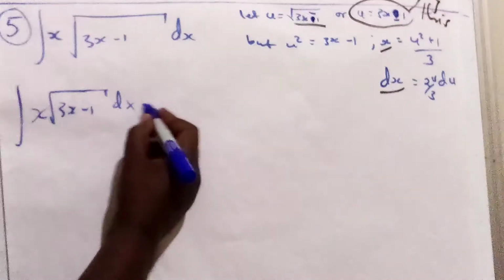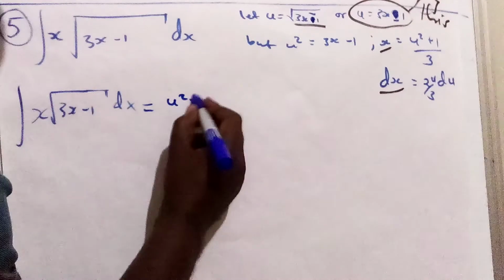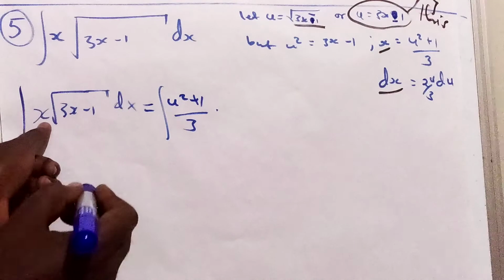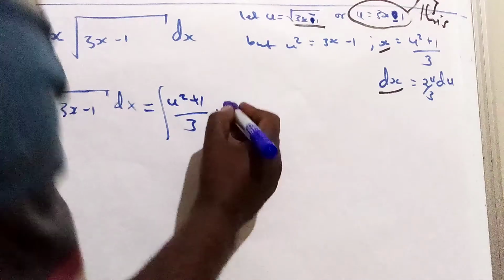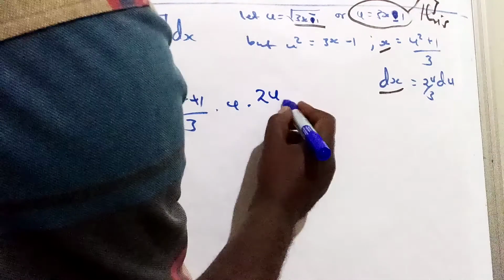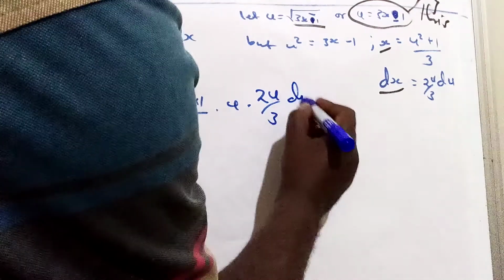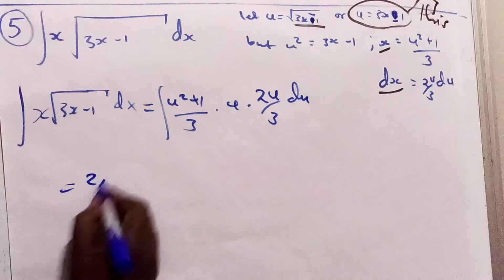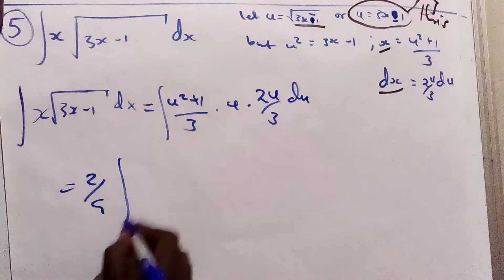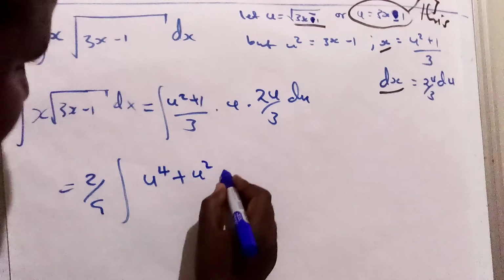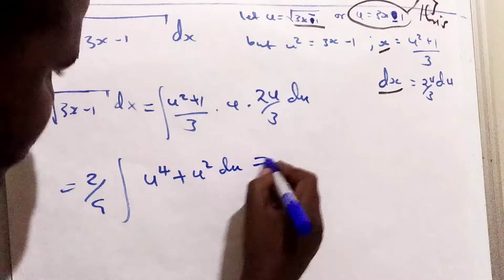So this should be so fast. U squared plus 1 over 3 integral, that was our x. Then we look for the square root, which is u. Then we get 2u over 3 du. So that means we have 2 over 9 integral u power 4 plus u squared du.